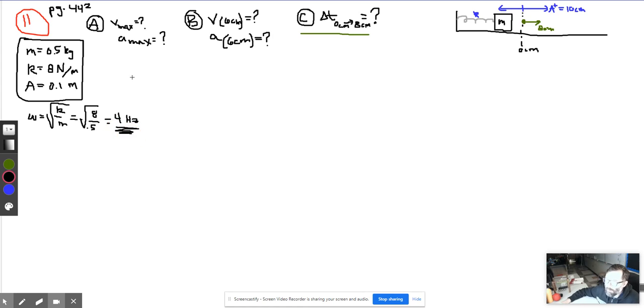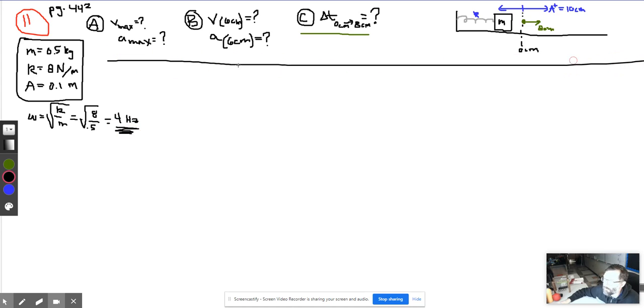Okay, so for part A, we can just say, hey, this is our setup here. So for part A, we can say, hey, Vmax is equal to omega A. So we got 4 times 0.1, 0.4 meters per second.